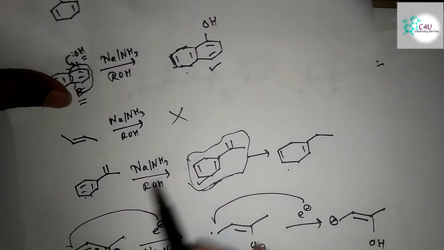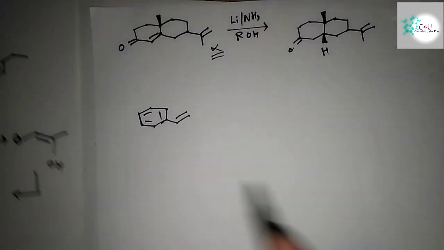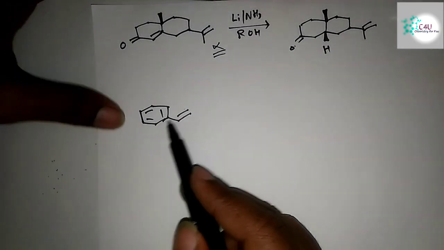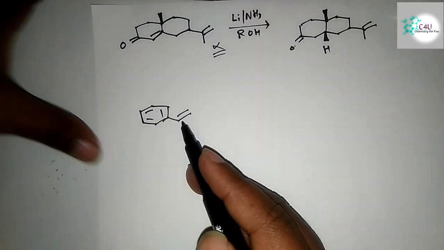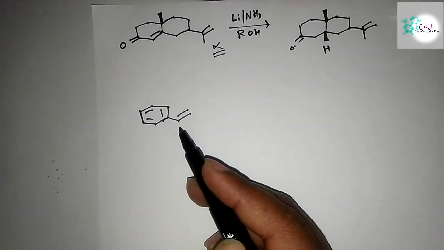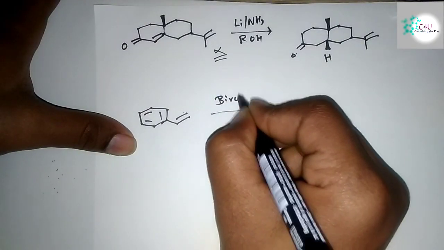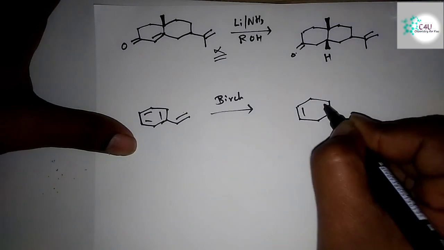Here is your double bond in conjugation. This double bond has an extra methyl group, and in this example, you have just a double bond. We can say the vinylic carbon has a phenyl group. Okay, so under the conditions of a Birch, I'll directly write here Birch, you would be getting such a kind of product.